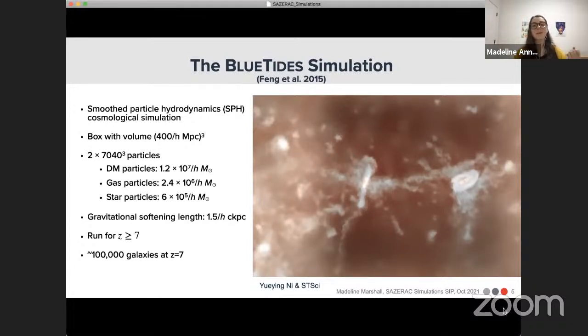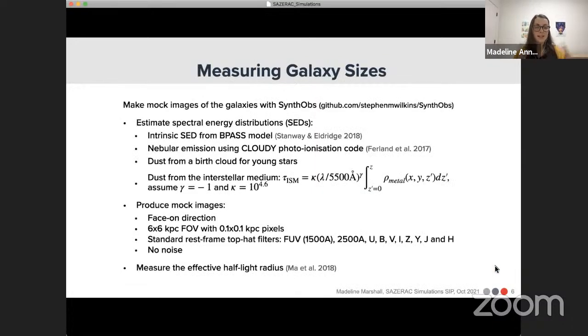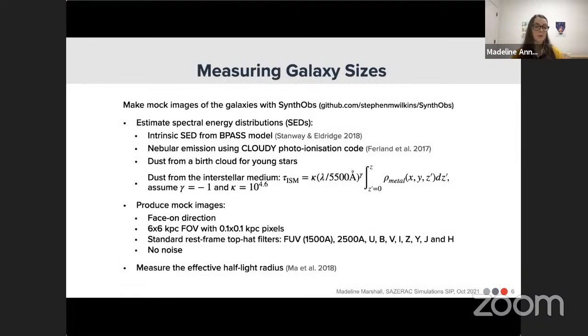So how do we extract the size of a galaxy from this raw distribution from BlueTides? There's a lot that goes into the modeling and I don't really want to go into the details today, but we use software called SynthObs, which was developed by Steve Wilkins and is publicly available on GitHub if you're interested in making mock images of your hydrosims. Basically we assign an SED, or spectral energy distribution, to each star particle in a galaxy using the BPASS model.